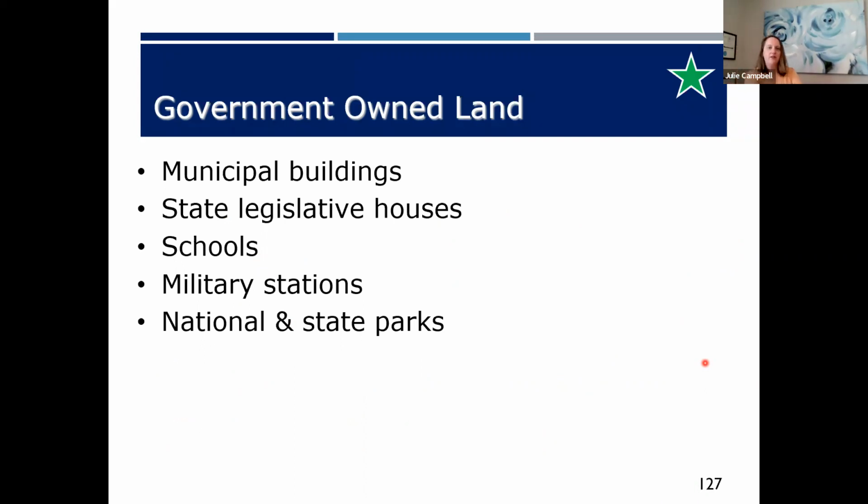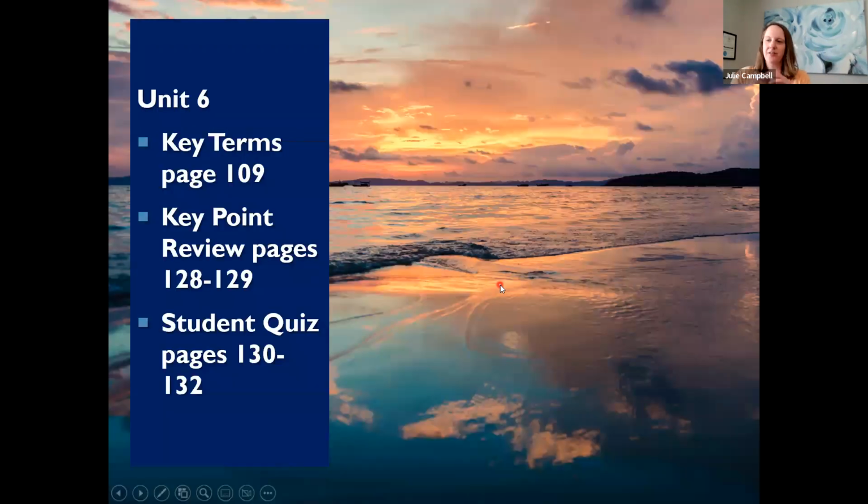Parks can be heavily regulated, national regulation, state regulation. Try to preserve our parks, preserve our green. And that gets us through Unit 6.